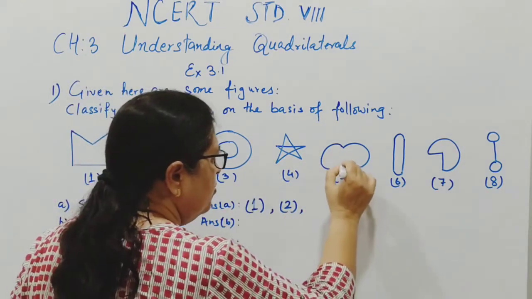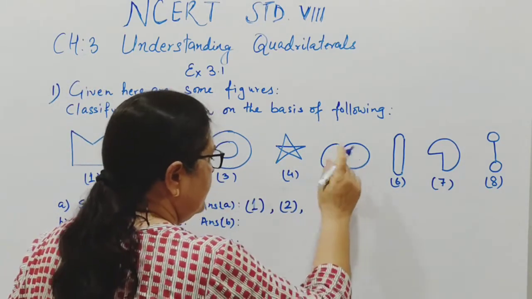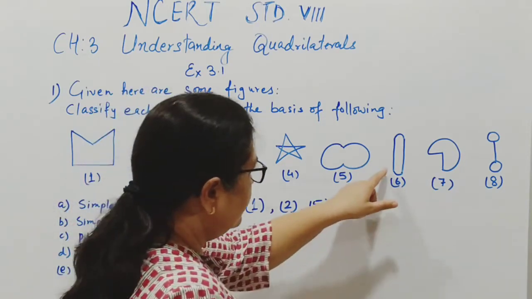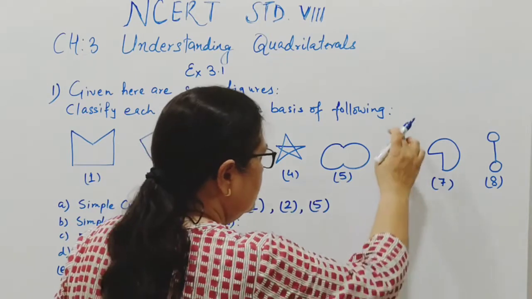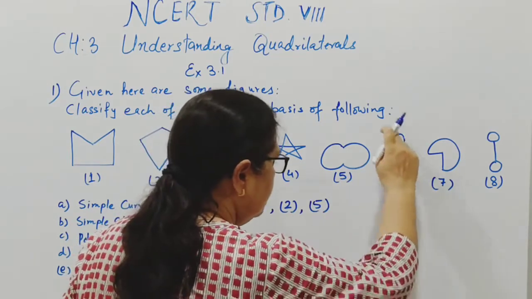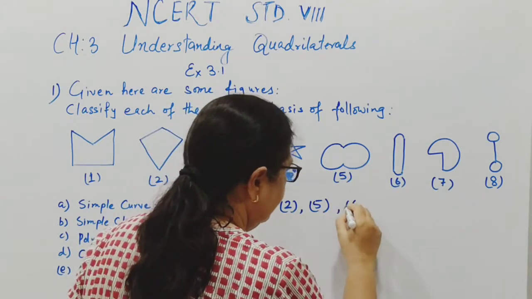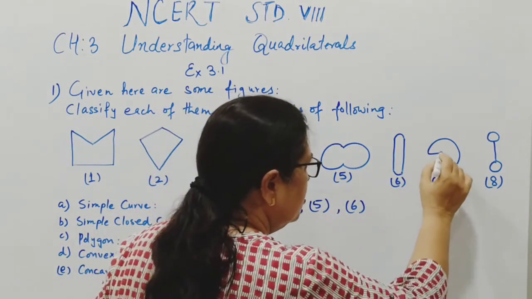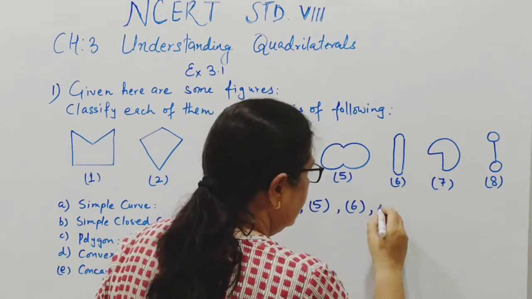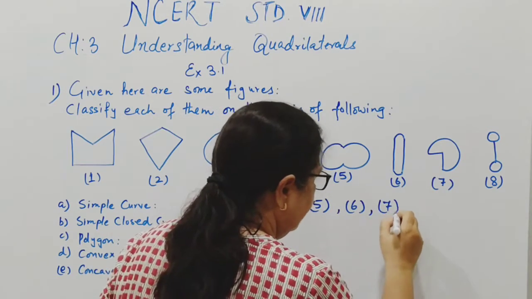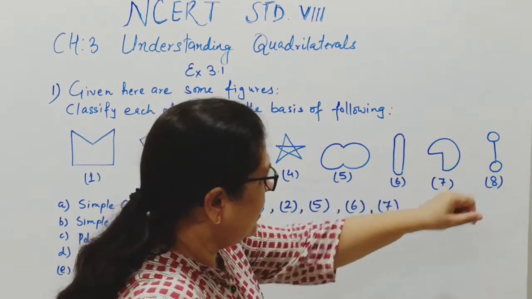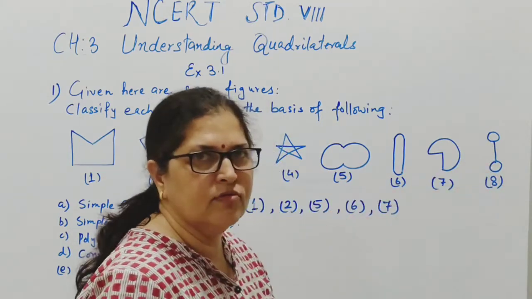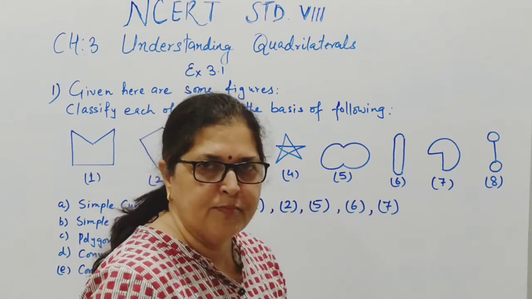Fifth one, we can draw without lifting the pencil and it is not crossing itself. Similarly, sixth one, it is not crossing itself and we can draw it without lifting the pencil. Then seventh one, it can also be drawn without lifting the pencil and the figure is not crossing itself. Next, eighth one, here two circles are connected with a line segment, so this is not a simple curve.